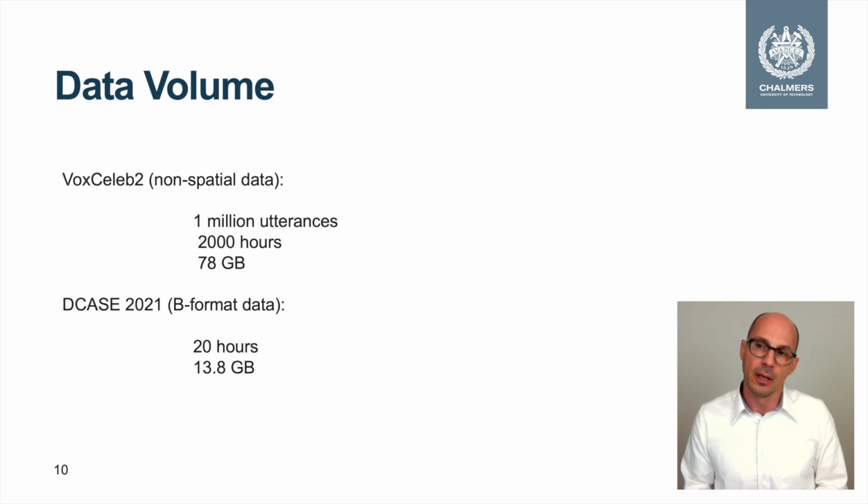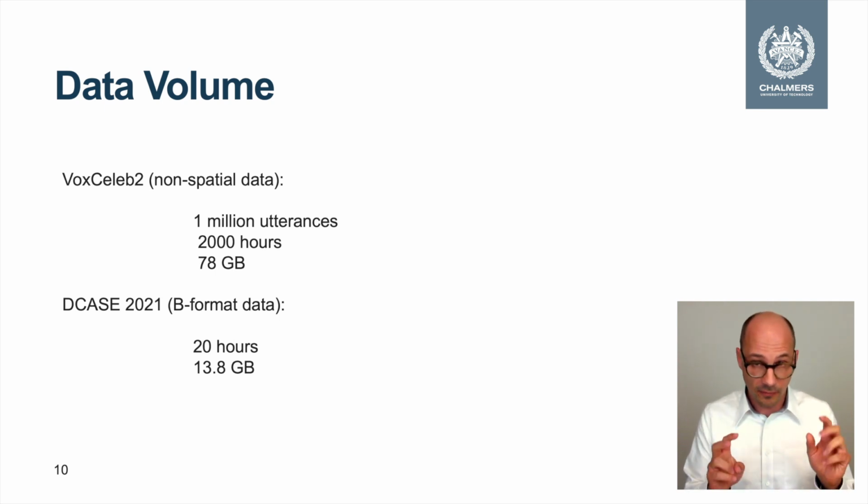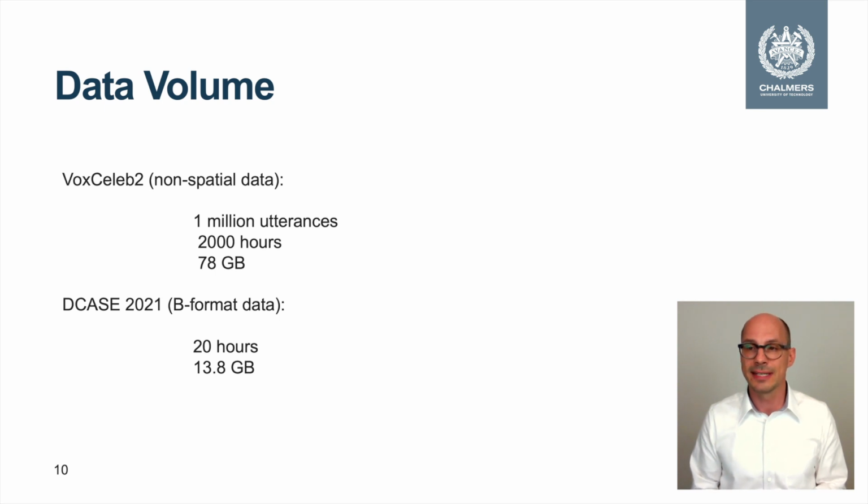This is something that can be handled with computation resources that are available to many researchers in the world. In comparison, the B format, so 4-channel dataset that is associated with the DCASE 2021 challenge on sound event localization and detection, has a duration of only 20 hours, but comprises already almost 14 gigabytes.